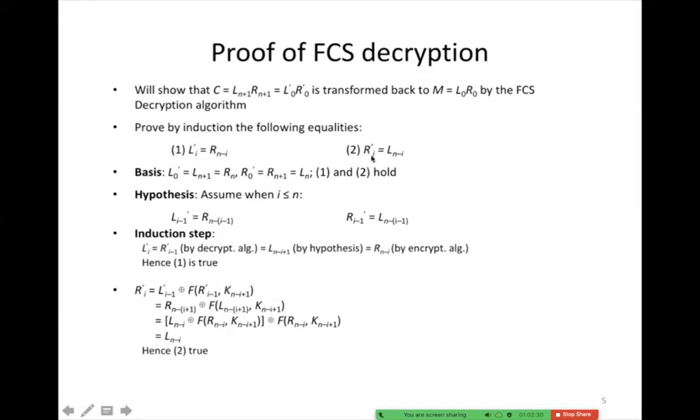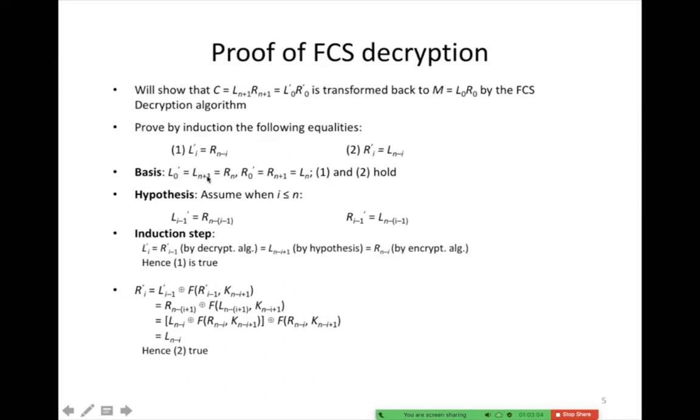Similarly, I want to prove for any i, R sub i prime is equal to L sub n minus i. For the basis, we let i be 0. That's L0 prime. We know L0 prime is L sub n plus 1 prime, that's how we rename it.